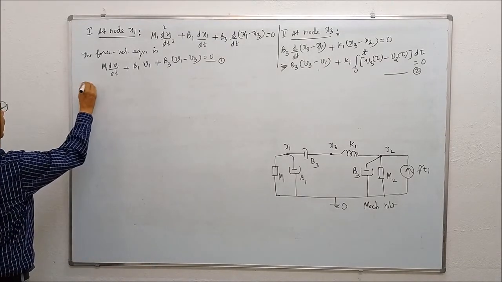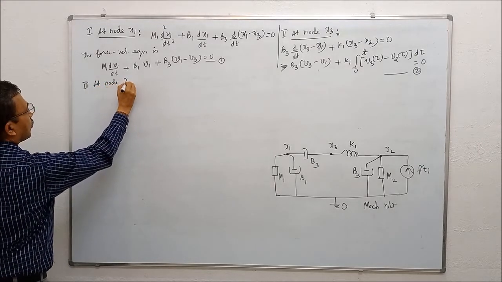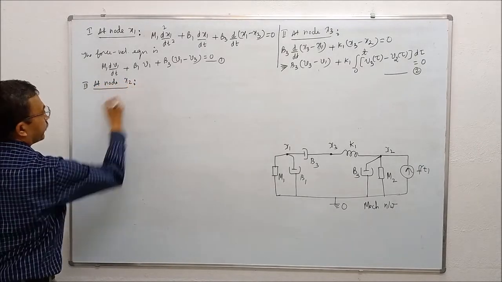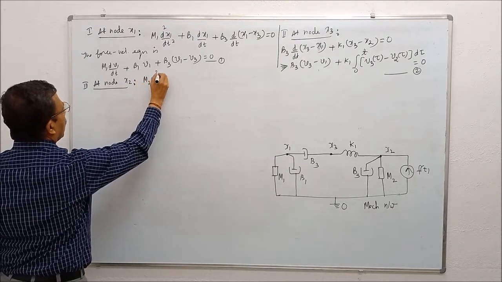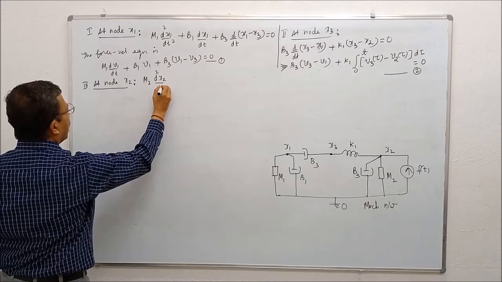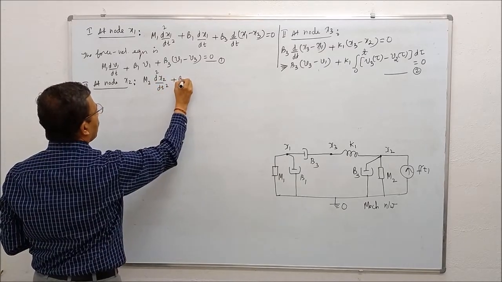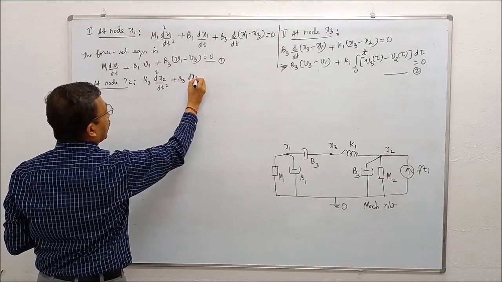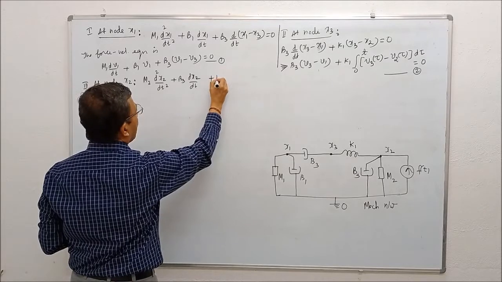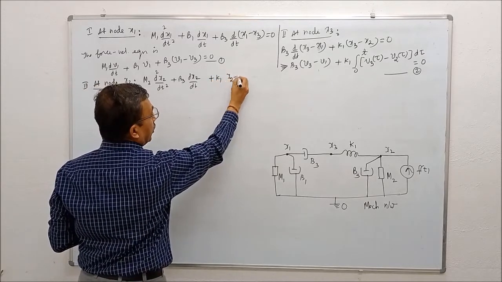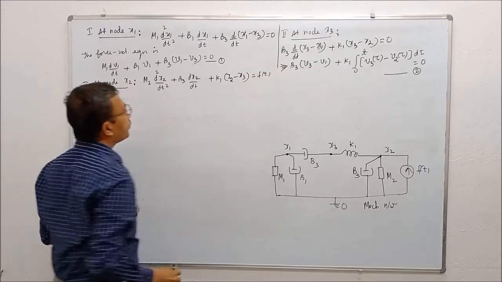Step number 3. At node x2, m2 into d square x2 by dt square plus B2 into dx2 by dt plus K1 into x2 minus x3 is equal to f of t.